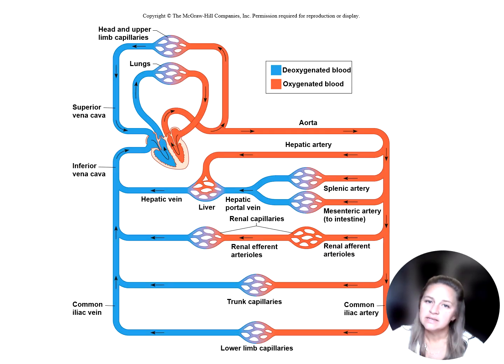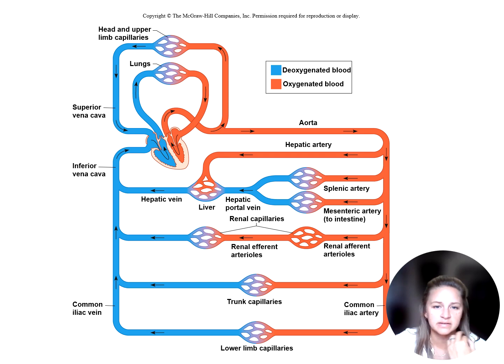This is showing a very simplified version of all of the major places of gas exchange. So these are the major organ systems. So in the head and the brain, the limbs, here in the lungs, it goes from the aorta to these different aortas.